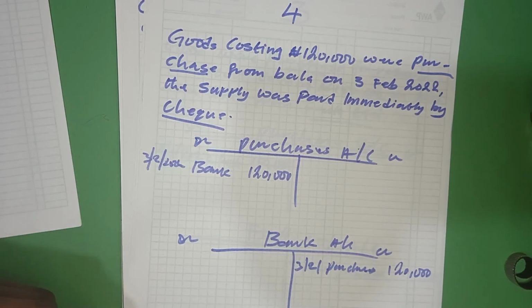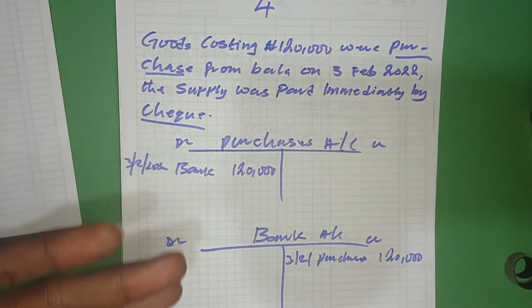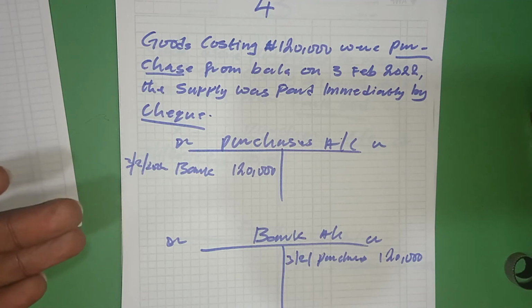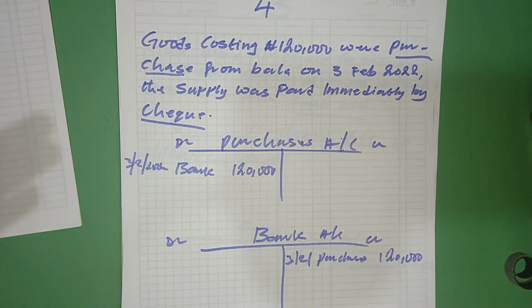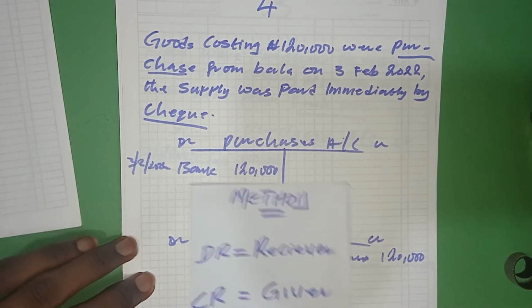Now the reason is this: when you make a purchase, money is leaving your bank. When you have cash on you and you make a purchase, you are giving out cash. When you pay by check, the money in your bank is reducing. Your stock is increasing and the amount in your bank is reducing.